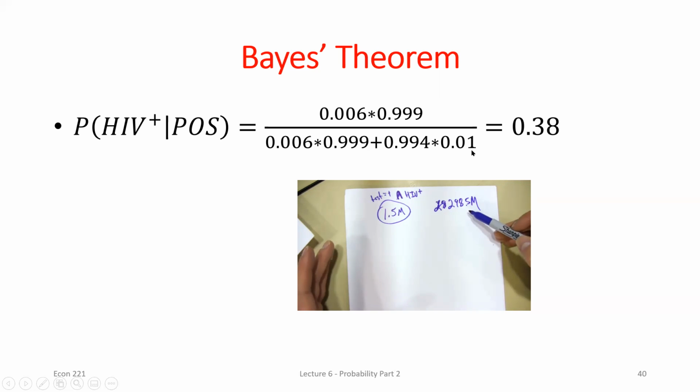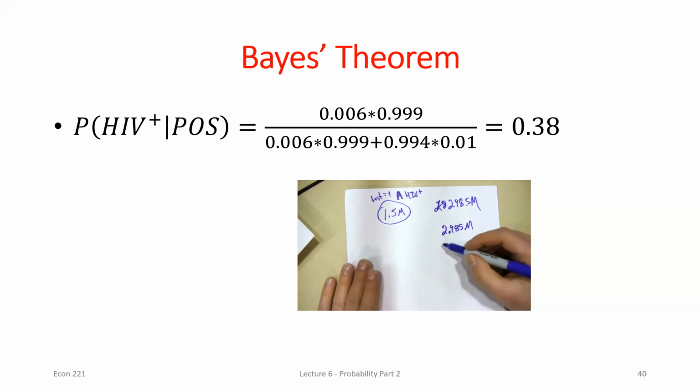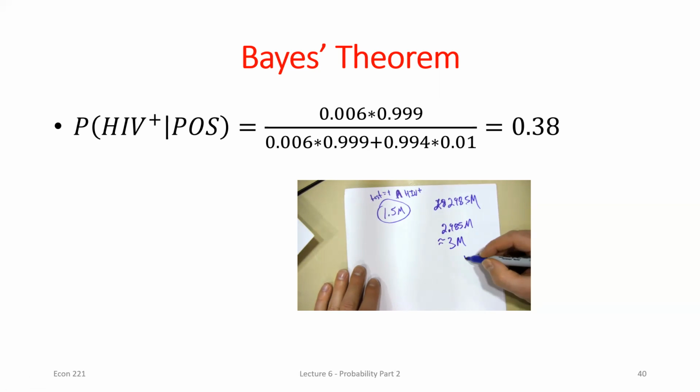So if we're doing roughly 1% of this large value, this is going to be approximately, a little bit under, 2.985 million, just a little bit under 3 million. Just for the sake of the example, we'll call this 3 million. So these are people who were HIV negative, but they got these false positive test results.